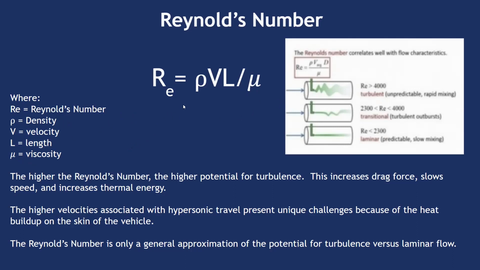So let's talk about those for a minute. The denser the object, the higher the Reynolds number will go. We'll discuss the Reynolds number in a minute, but let's just get the variables down. V is velocity, L is length, and mu is viscosity. So let's talk about viscosity first, mu.